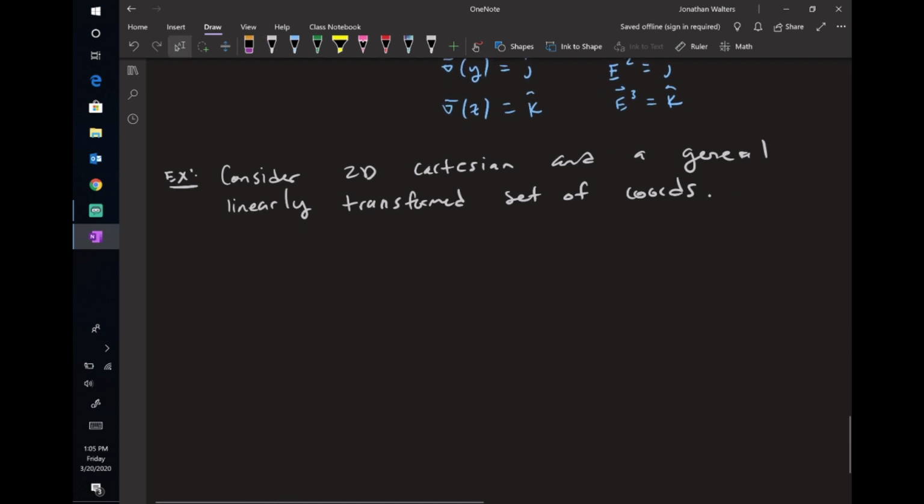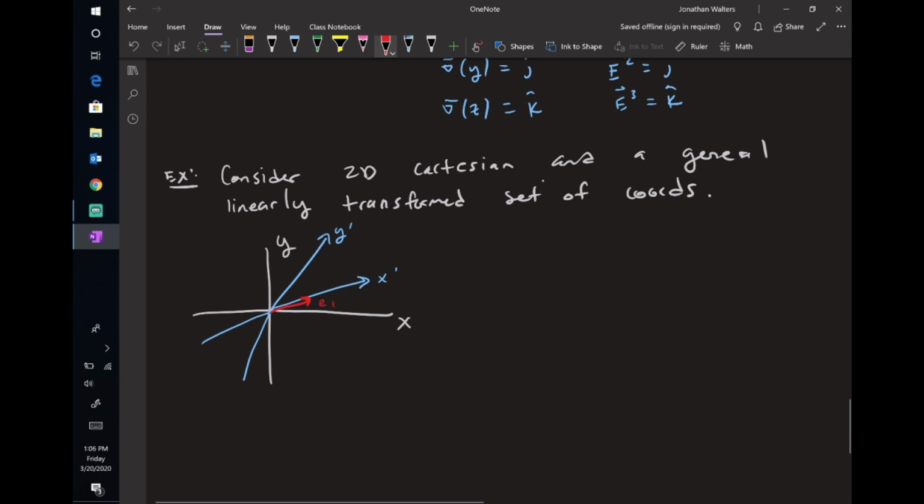So we talked about linear transformations already. So Cartesian would be something like this. It's x, y. And some general linearly transformed would be something like this. We could say x prime and maybe y prime. So these could be your general linearly transformed coordinate system, x prime, y prime. Now, lowercase e1 is going to go tangent to x1.